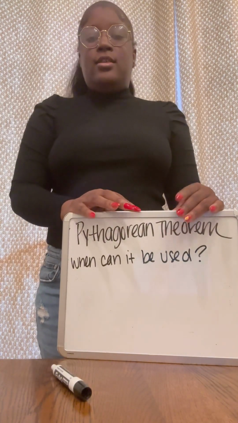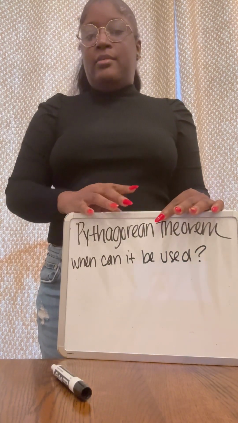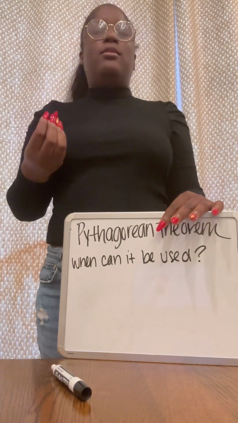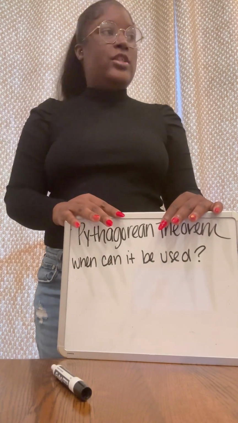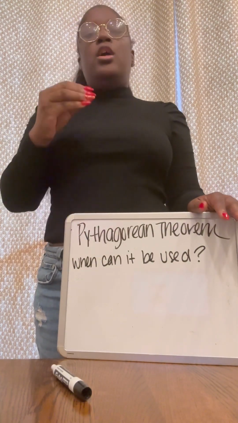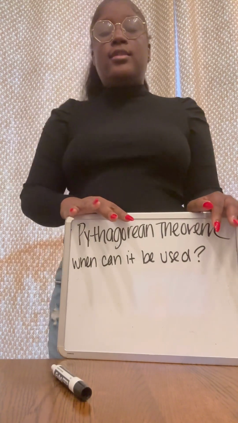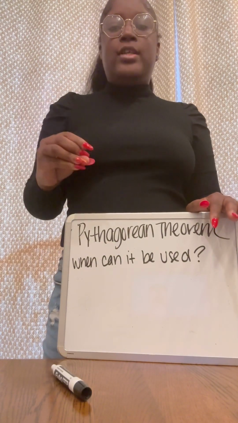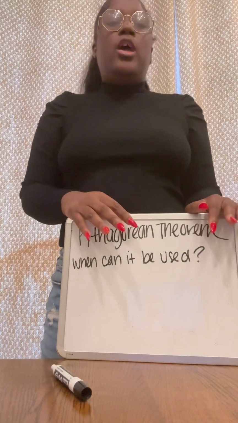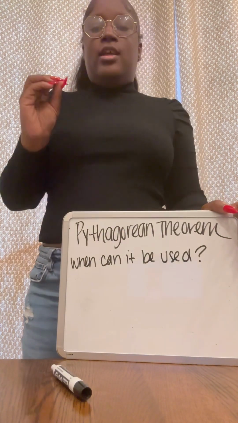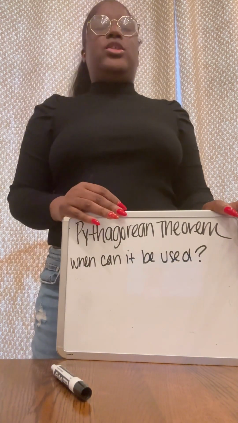So let's talk about the Pythagorean theorem and when it can be used. So the Pythagorean theorem can be used in a multitude of situations. It can be used in construction, architecture. It can be used to find the steepness of mountains and hills. You can use the Pythagorean theorem in so many situations.